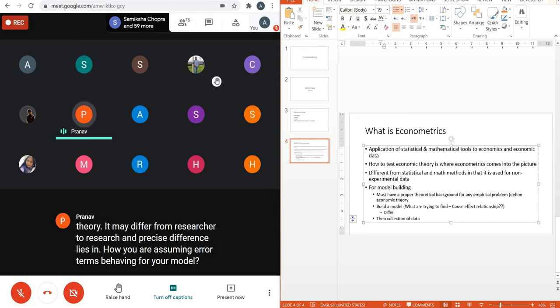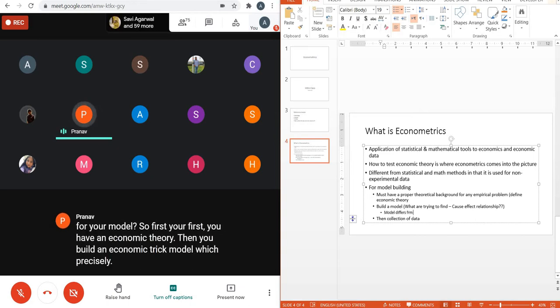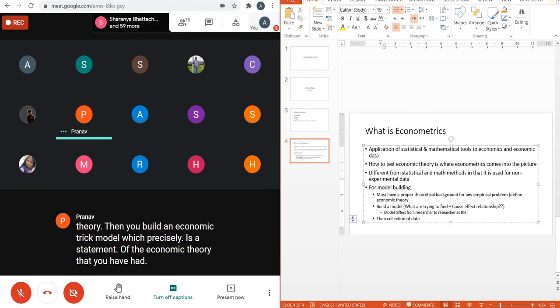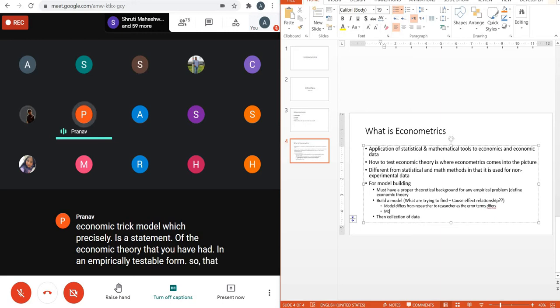So first you have an economic theory, then you build an econometric model which precisely is a statement of the economic theory that you have had in an empirically testable form. So that becomes your econometric model.